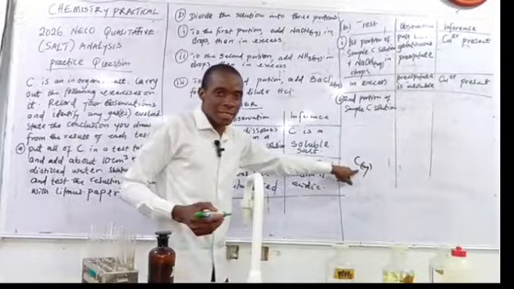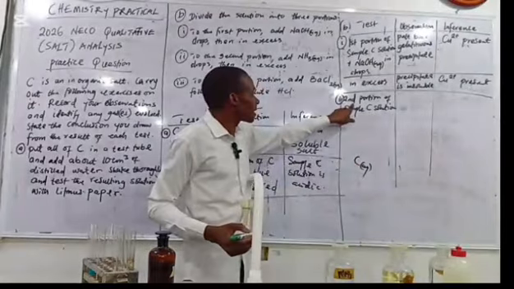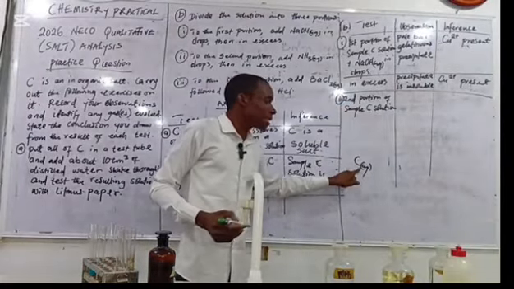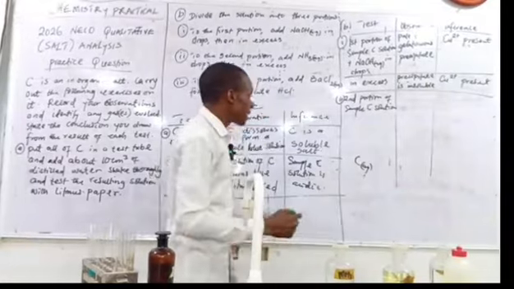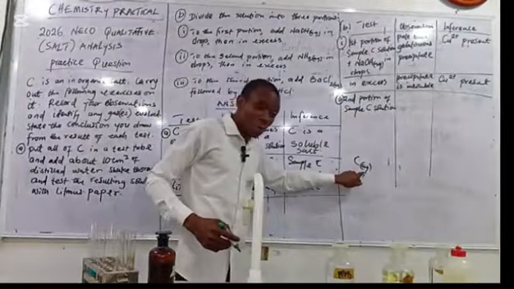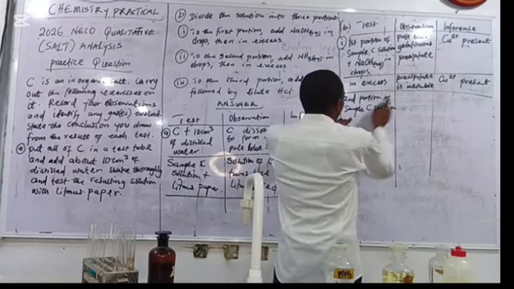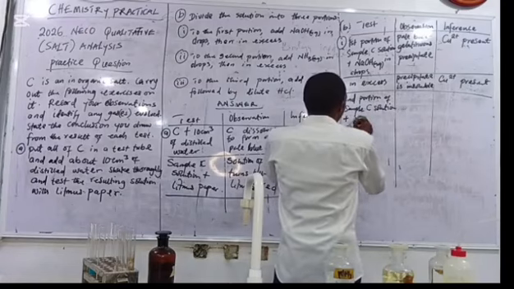C aqueous is the same as C solution. So instead of writing sample C solution, just write C aqueous. That's also correct. That means because sample C was dissolved in what? In water.